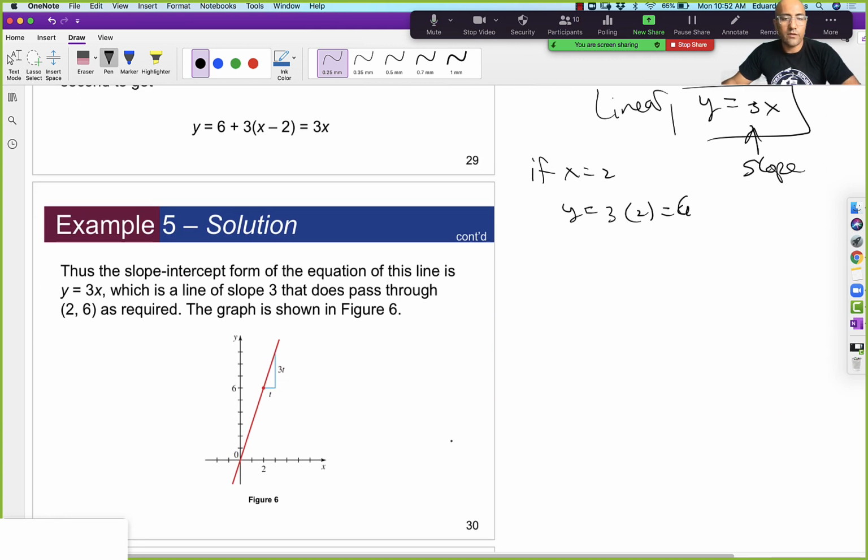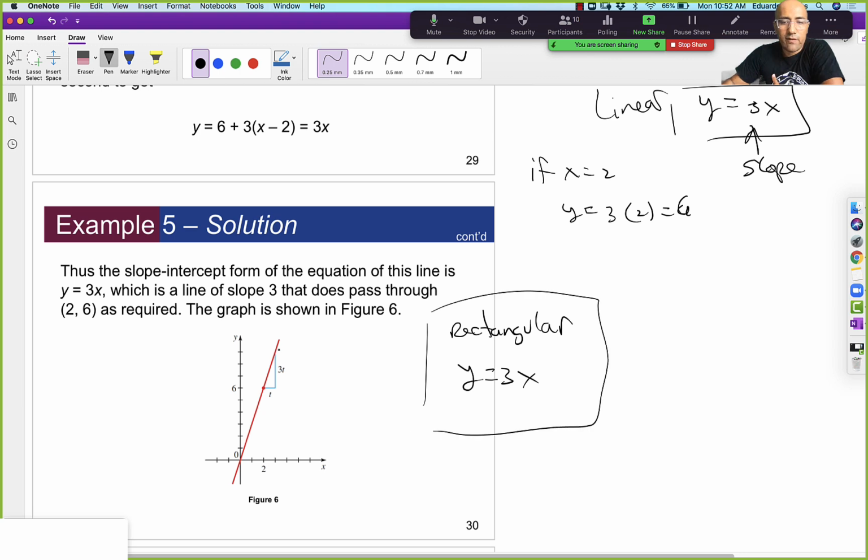Here's a nice little graph for it. In rectangular, I could say y equals 3x, and that's going to give me that red line. In parametric form, I would have 2 plus t comma 6 plus 3t.